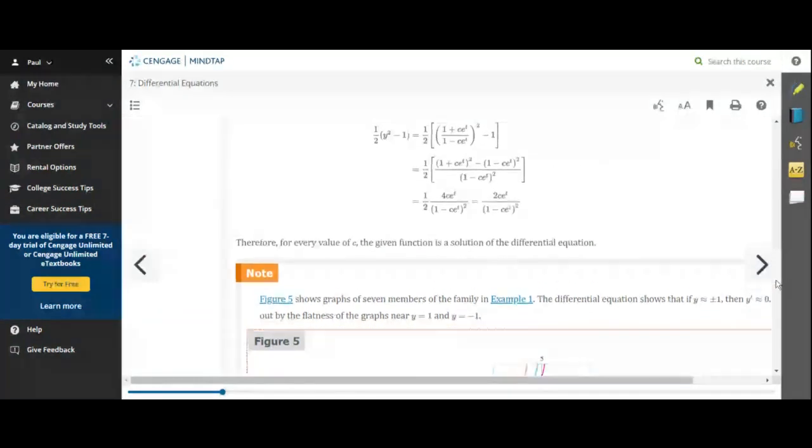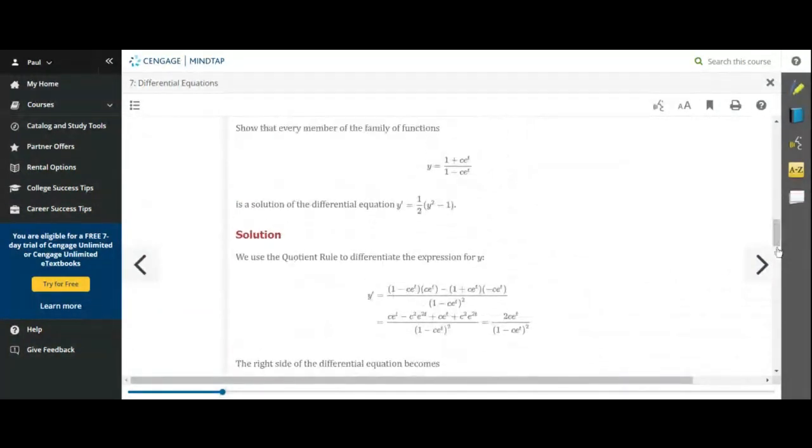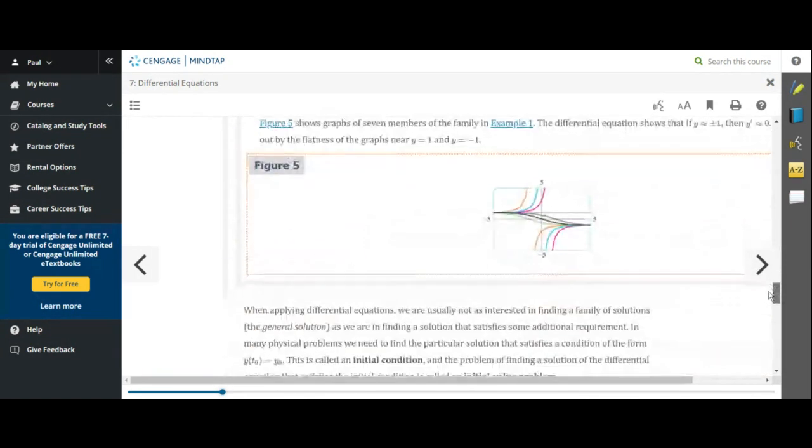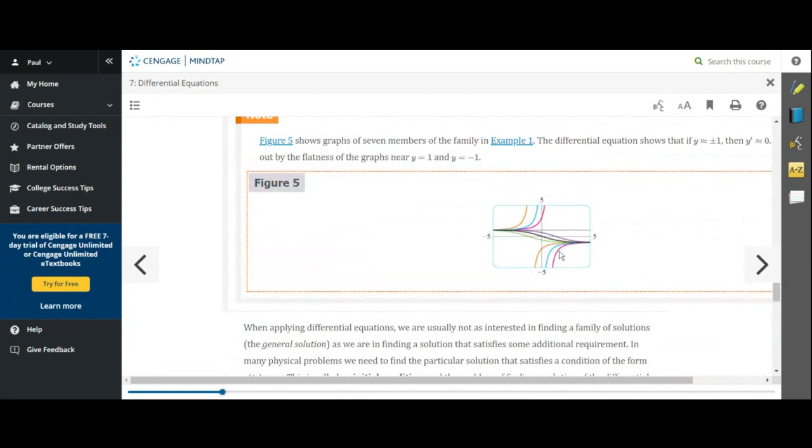The family of solutions is y equals (1 plus c times e to the t) divided by (1 minus c e to the t). That constant could be any number. They let the constant take on 7 different values and graph the members of the family. This is what a family of solutions looks like.